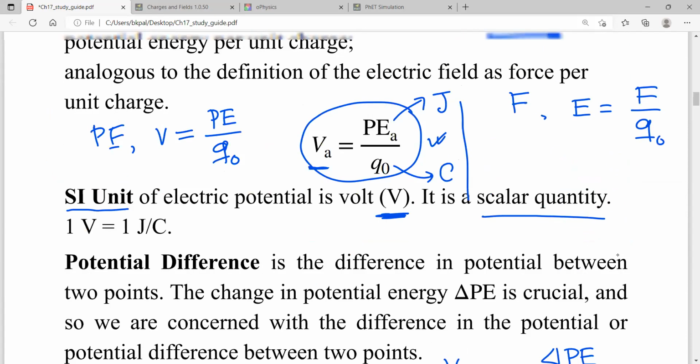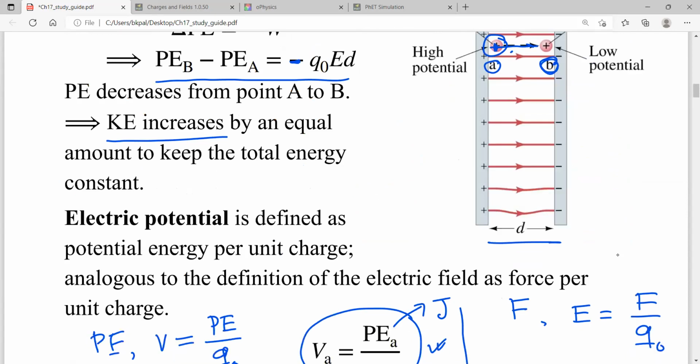So the potential difference between this side and this side is equal to ED. Sometimes we ignore the negative sign for this formula.